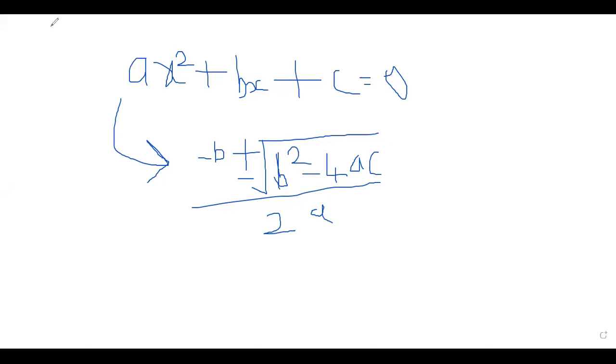So let's start. Let's say I have a question, and the question is x squared plus 12x plus 32 equals 0.